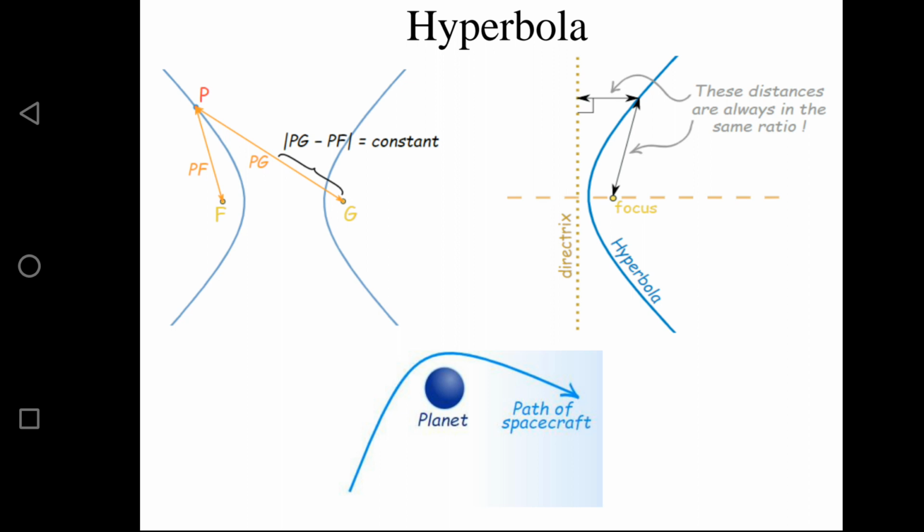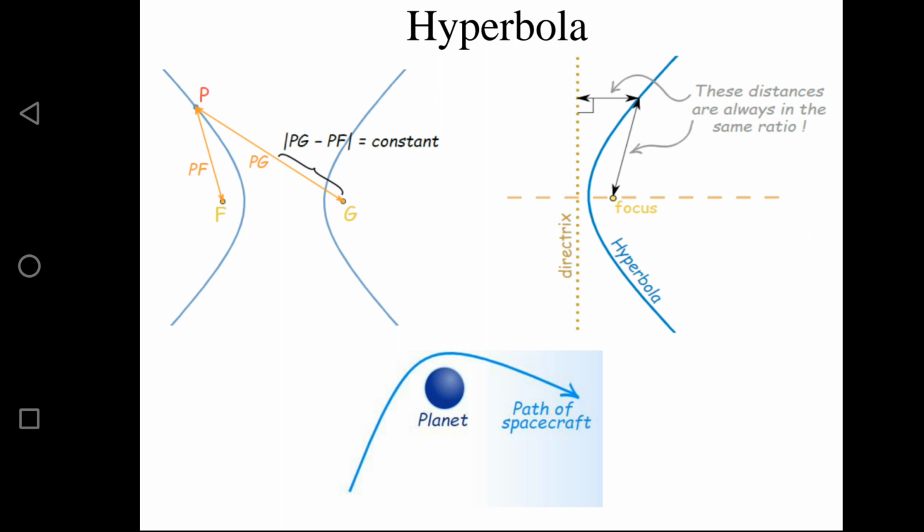Here we have a distance, small a or capital A, which is the distance between the vertices, and it is the constant difference between the lengths. And we also have two asymptotes, which are not part of the hyperbola but show where the curve would go if continued infinitely in each of the four directions.